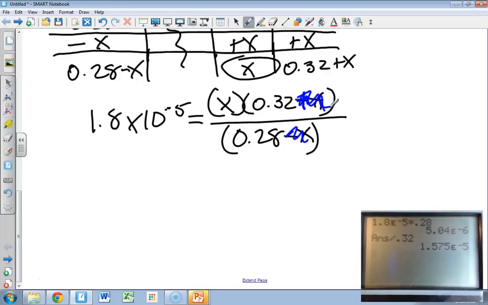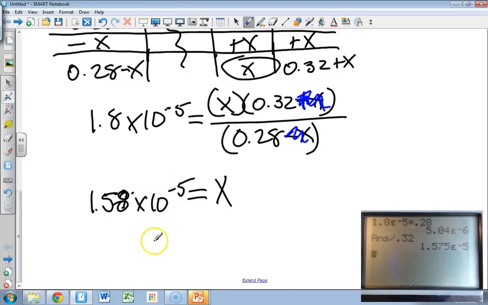When we do that, we get x equal to 1.57 or 1.58 times 10 to the minus 5. Okay, and so that changed only very slightly the value of x.